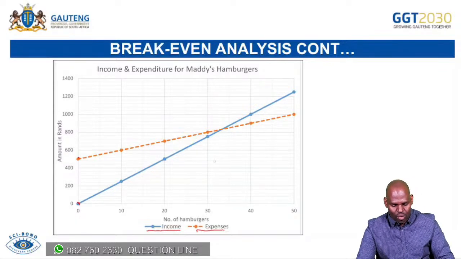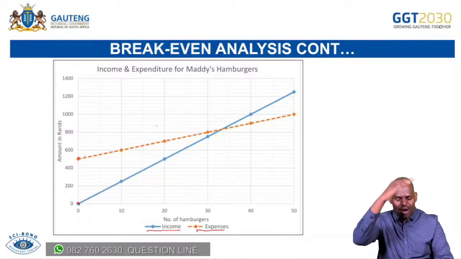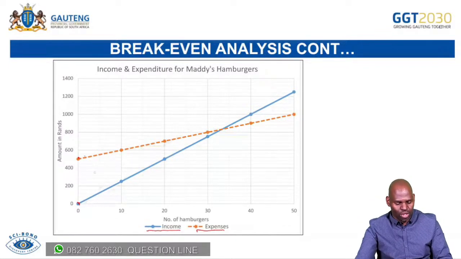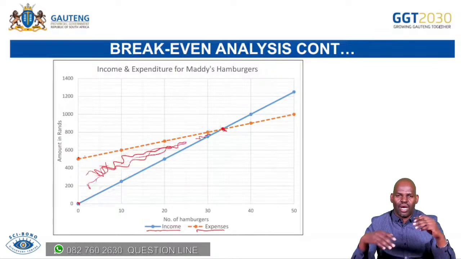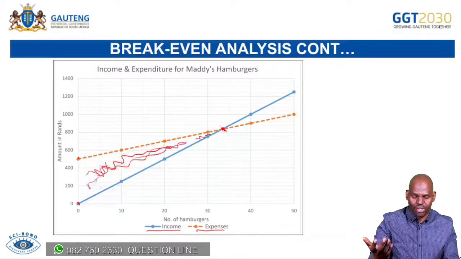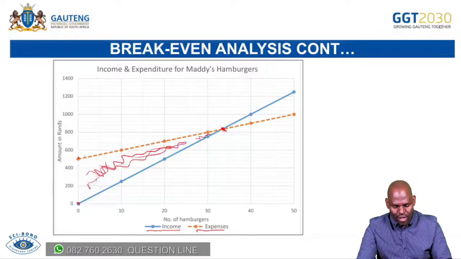And then the graph of expenses is above the graph of income, so in this part you are still making a loss, and it continues like that. And then at this point, it's a break-even point. It means now the value of expenses and income are equal.